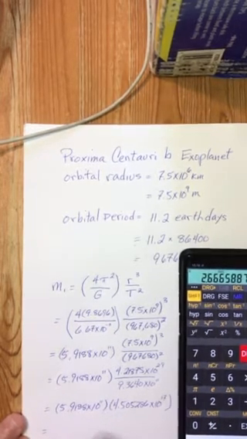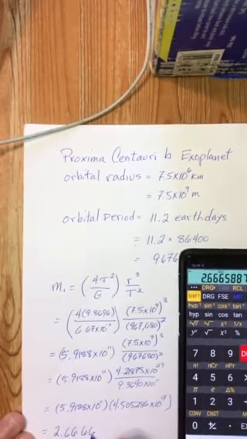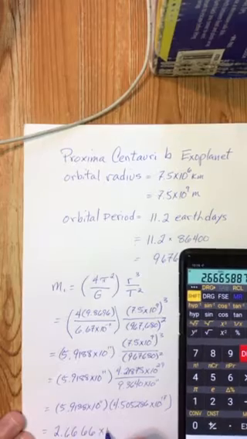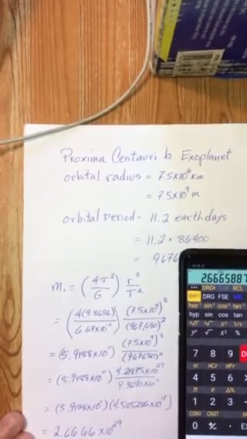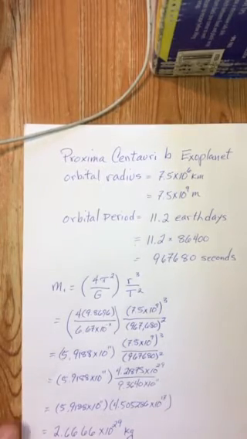And we end up with, let's round this off to 4 digits after the decimal point, 2.6666 times 10 to the 29th power, and that is kilograms. So that is, given the orbital radius and orbital period of the Proxima Centauri b exoplanet, that seems to be the mass of Proxima Centauri.